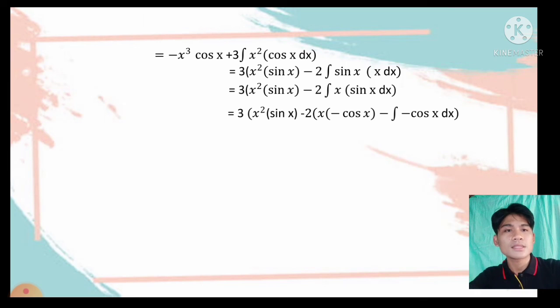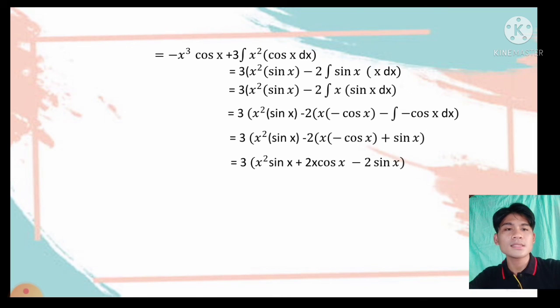And then next is 3 quantity of x squared sine x minus 2 quantity of x quantity of negative cosine x minus the integral of negative cosine x dx, and then 3 quantity of x squared sine x minus 2 quantity of x quantity of negative cosine x plus sine x. Next is 3 quantity of x squared sine x plus 2x cosine x minus 2 sine x.